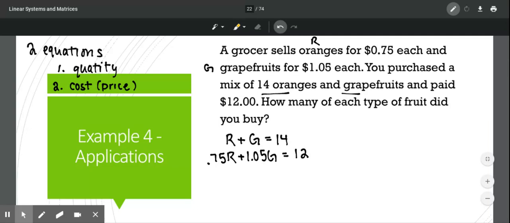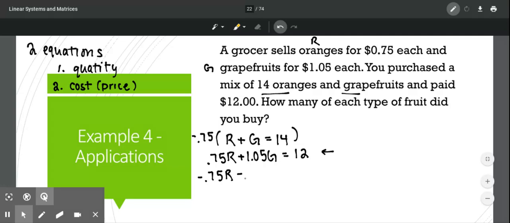So now if we're going to use the process of elimination here, let's eliminate one of the variables. So maybe I'm going to multiply this top equation by negative 0.75. I still keep this equation right here, and then I have negative 0.75R.